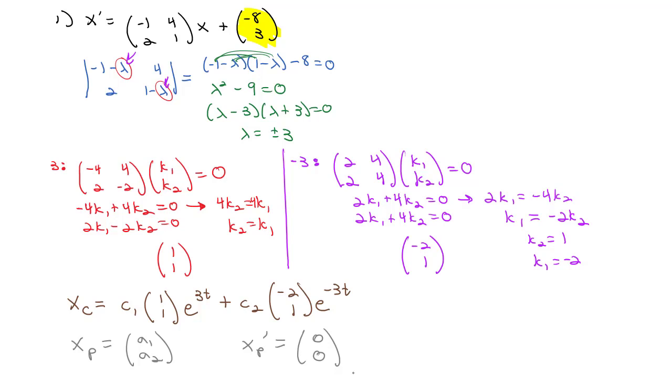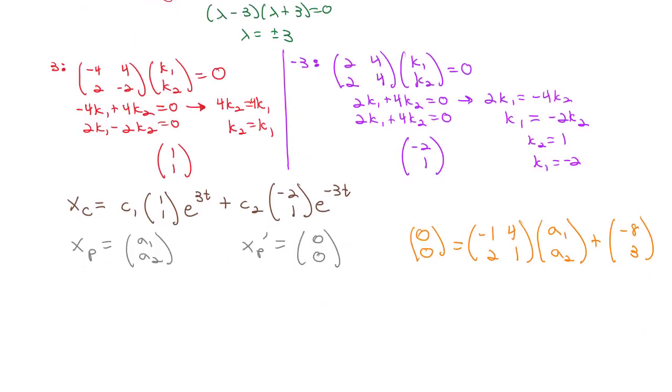And so when we plug it into our original function, we end up with x prime, which is 0, 0, is equal to our coefficients [-1, 4; 2, 1] times x, which is our a1, a2, plus the [-8; 3]. So now we can go about solving this system for our constants.